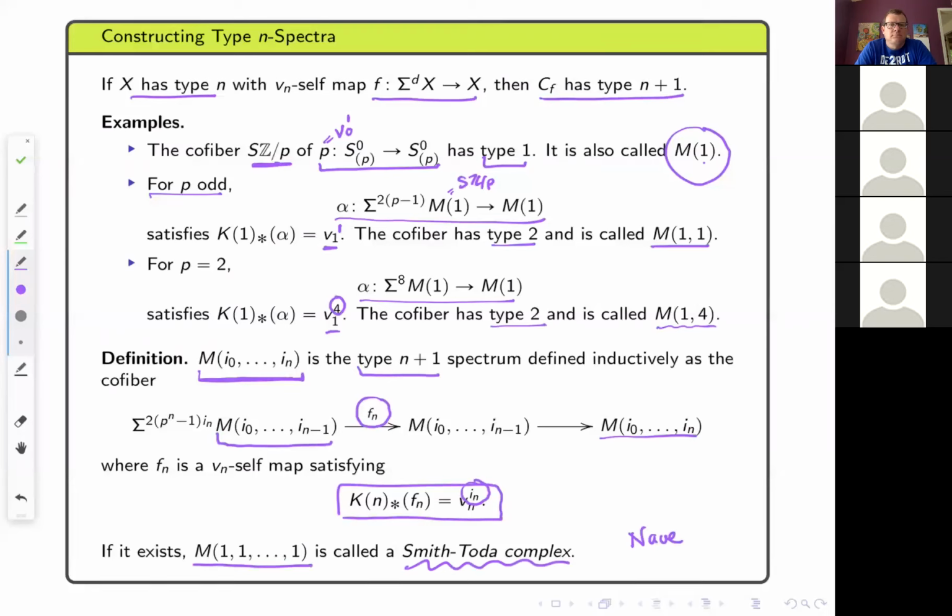So for example, at P equal to 2, M11 does not exist. Okay, so here we had M14, not M11. So that's a difficult question of when a Smith-Toda complex exists or not. All right, but in any case, we're going to be using these, okay? So remember what this means. I'll keep repeating it, but this is going to be important in the next couple slides.